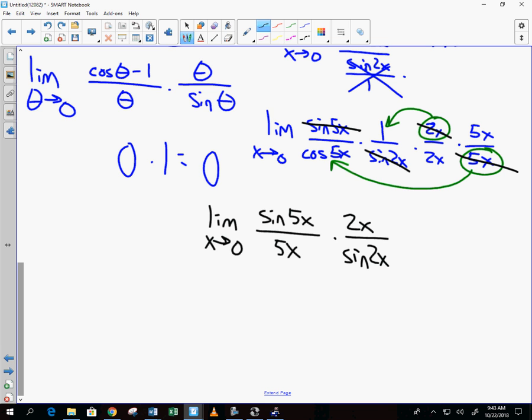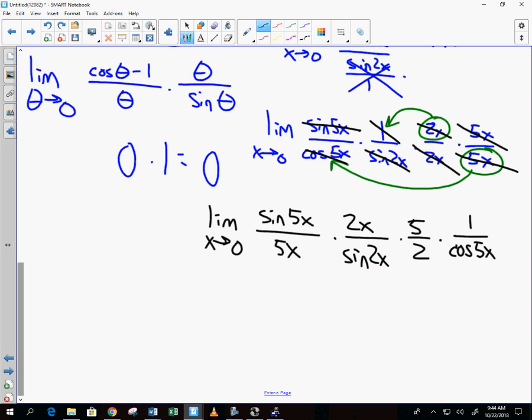So I have some things that are still left, and the 1's kind of gone as well. What's 5x over 2x? 5 halves, right? So we also have 5 halves. And what haven't we accounted for yet? Right, so we have a 1 over the cosine of 5x.